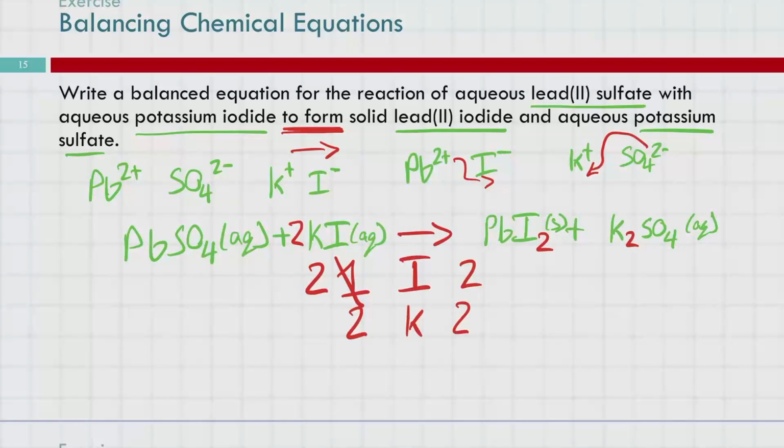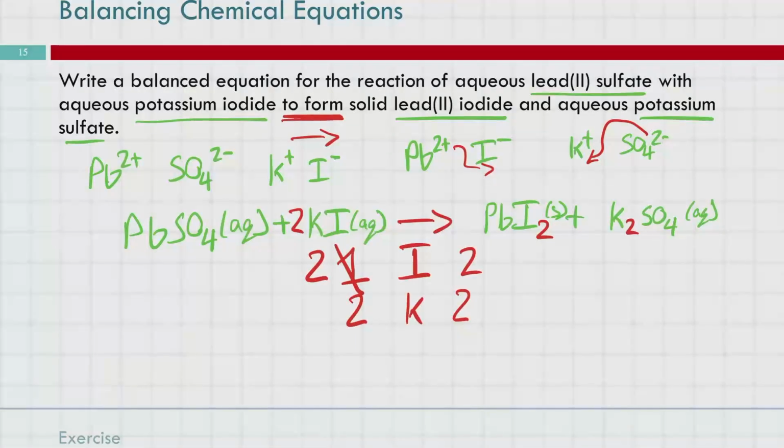Usually this signals we're done, but we still want to check because it won't always work that way. So lead, Pb, 1 on the left, 1 on the right. And we've also got sulfate.